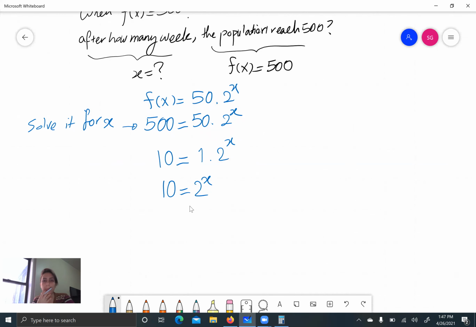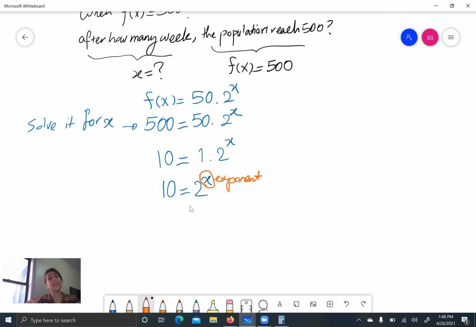But look at the format of this equation. What is the role of x? x here is an exponent. So we end up solving an equation for a variable, and that variable is an exponent. We haven't learned how to solve equations like this.